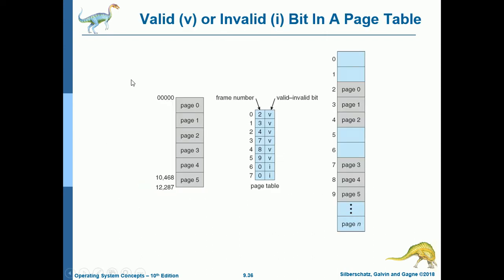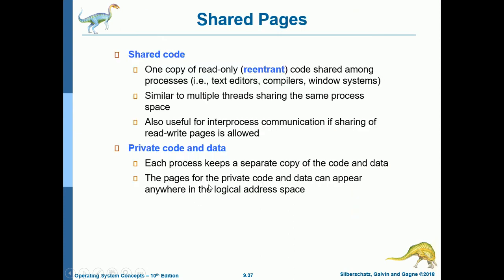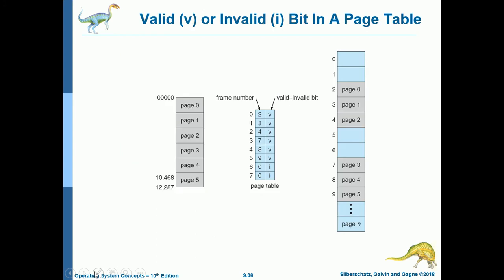So we can see, for example, how the valid or invalid bit in a page table is applied. We have 6 pages for the logical memory or address space, and these 6 pages are loaded here.